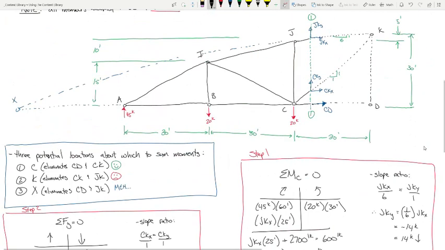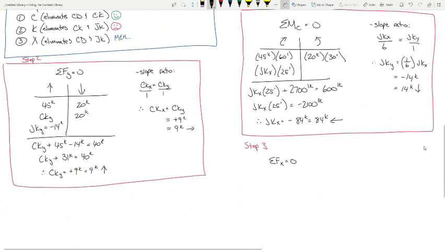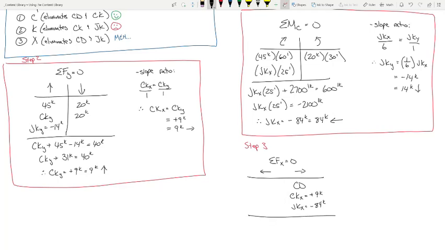So we've got all of our arrows drawn to the right. So we have CD, CKX, which is plus 9 kips, and we have JKX, but that's negative 84 kips. And so there's nothing over here.